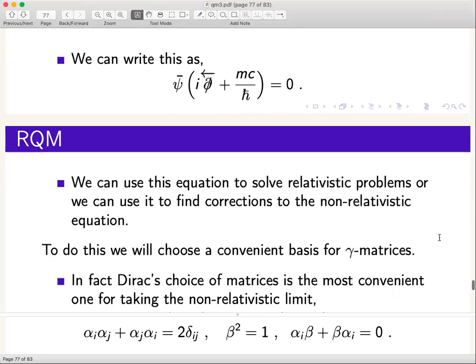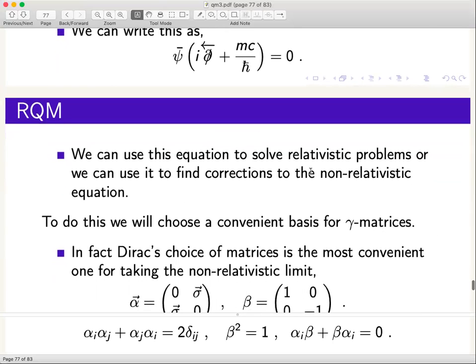To do either of these two things, whether you want to solve this relativistic problem or take the non-relativistic limit, it is convenient to choose a particular basis of gamma matrices. As I was saying, there is no unique basis for gamma matrices, and depending upon what you want to do, you could choose a basis appropriate for that computation.